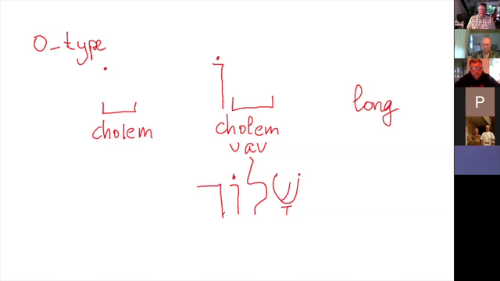This is the word shalom. You have the shin, the lamed, and this is not a vav, but it's an O and a mem.